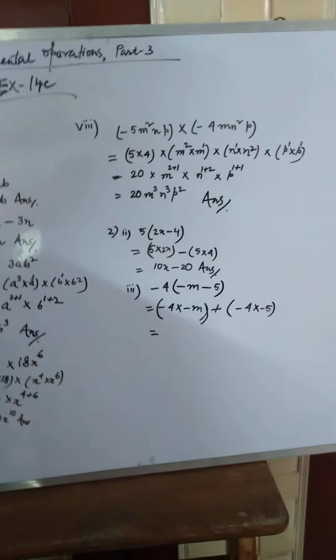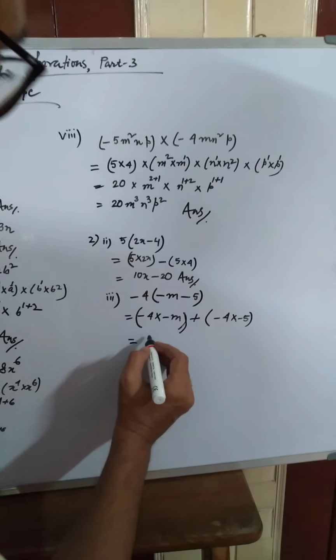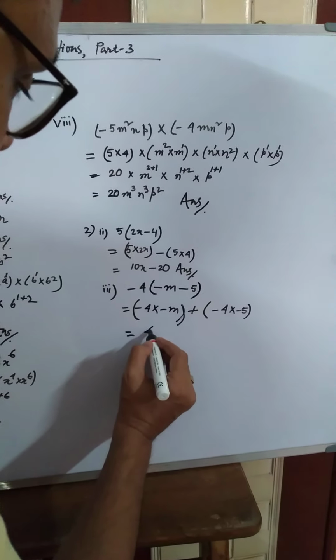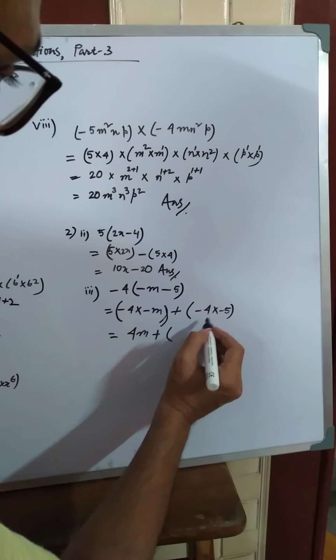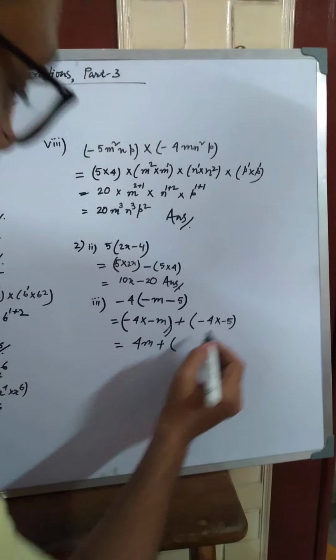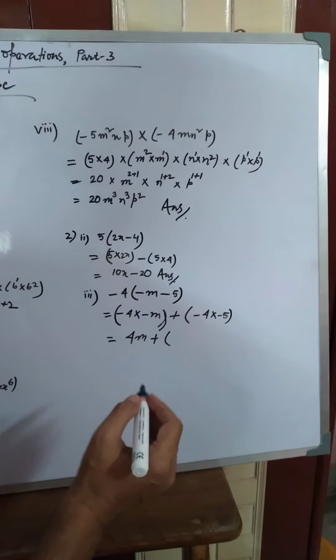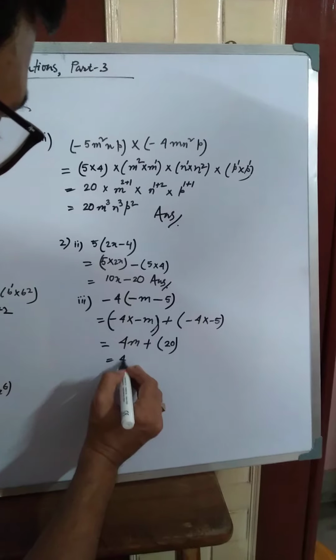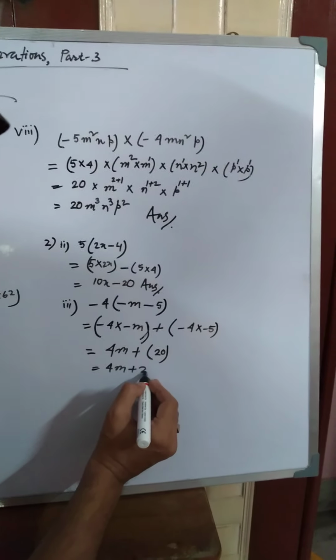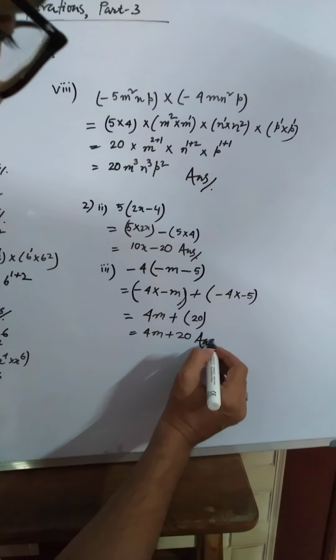Now two negative signs are multiplied with each other. So the result is, the sign is positive. So here 4m plus, here also minus 4 into minus 5, minus minus plus, 4 fives are 20. Now remove the bracket, 4m plus 20.